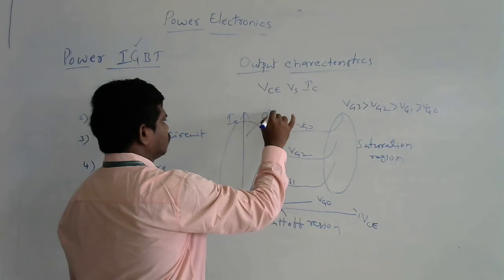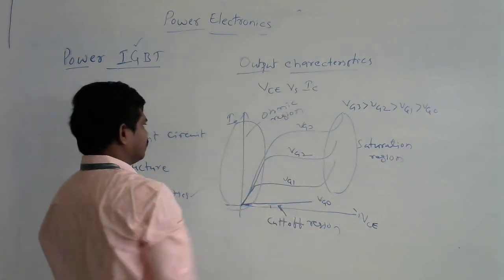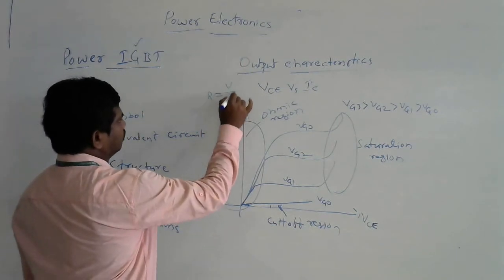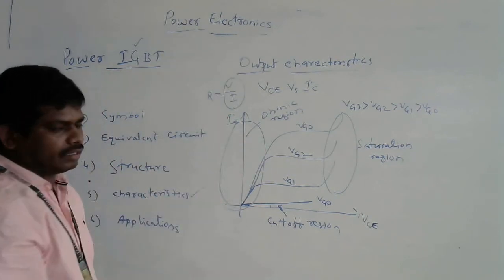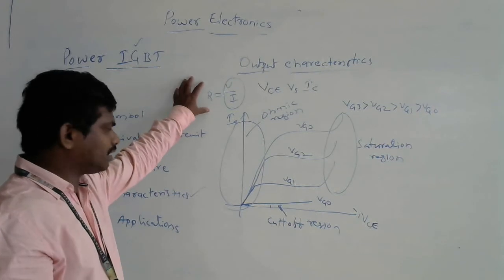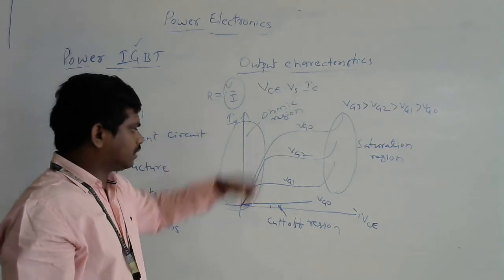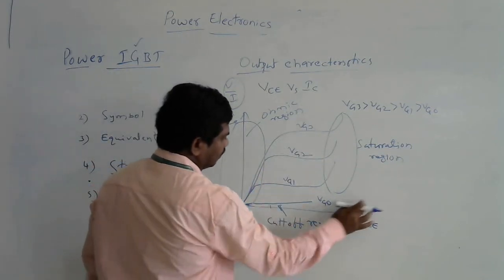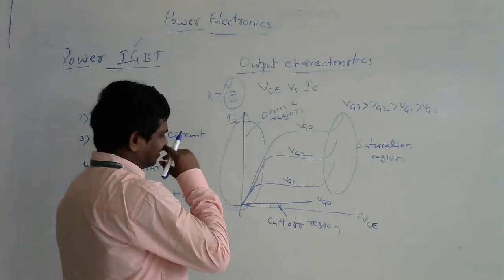Why are we calling this the ohmic region? See, when you apply Ohm's law here, R equals V by I, there is a linear variation of current with the applied voltage. That's why this region is called the ohmic region. And the constant value: even though you apply more voltage across the collector-emitter, there is no change.